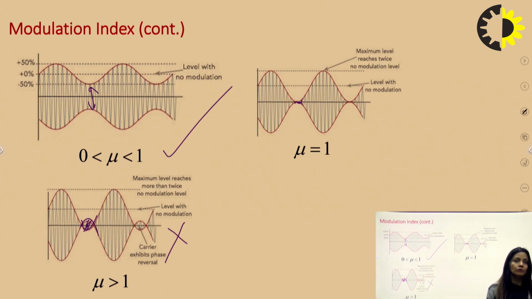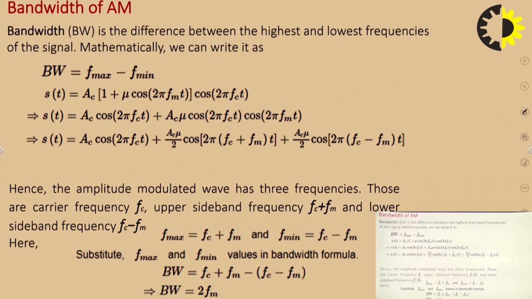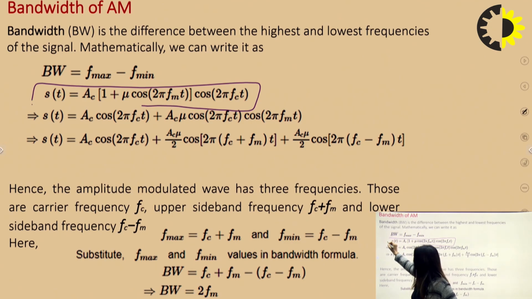The amplitude of the modulating signal should be less than the amplitude of the carrier signal. Now coming to the bandwidth of the amplitude modulated wave, this is equal to F max minus F minimum, the maximum frequency minus the minimum frequency.